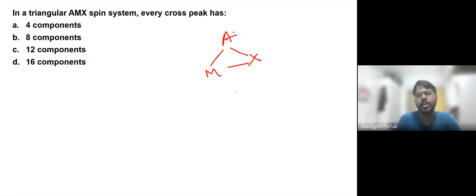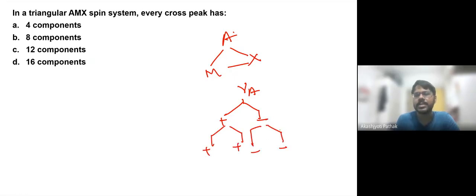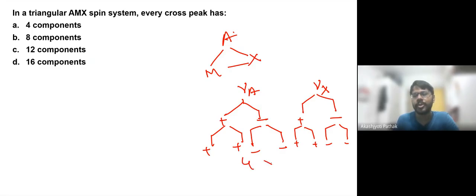For A, the peak is split into two, plus minus, and this is again split into plus plus, minus minus. Similarly for X, it is split into plus minus, and again into plus plus, minus minus. When you multiply 4 into 4, how many components do you get? 16 components, so the answer is 16. For a linear system, you get 4 into 2, which is 8 components.